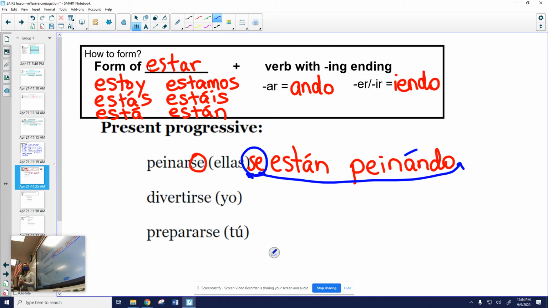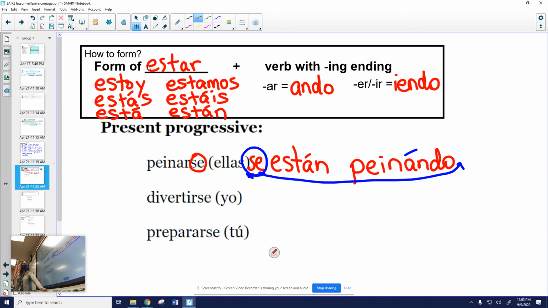Peinando. Estamos. What's another example? Prepararse. If a word in Spanish doesn't follow that rule, we need to add a written accent mark. Bueno, peinando, because we're adding another syllable, peinándose. And if we didn't have a written accent, it would sound like peinandose, which sounds funny. Peinándose.